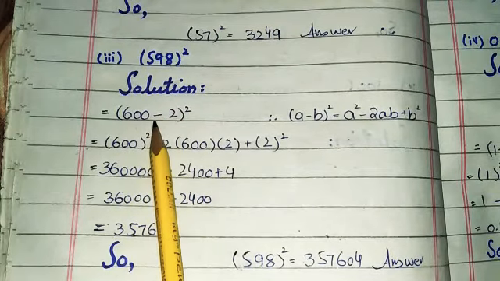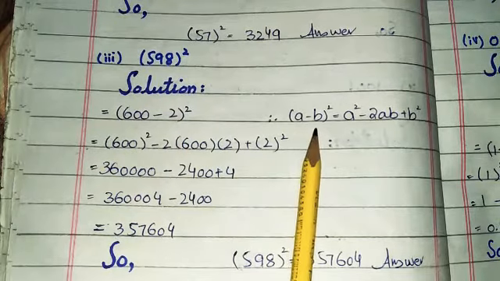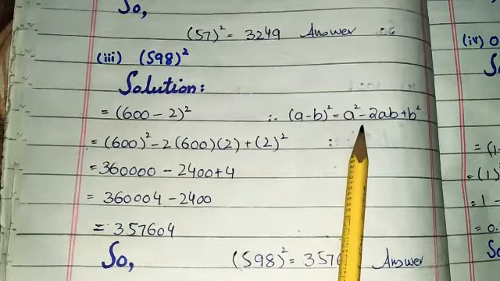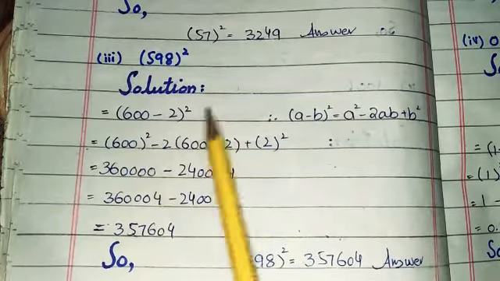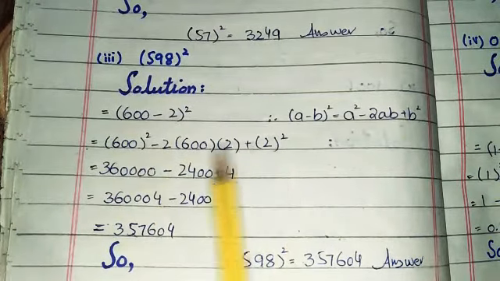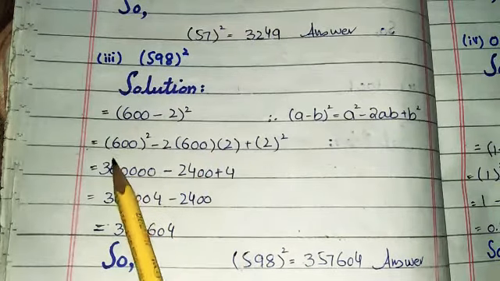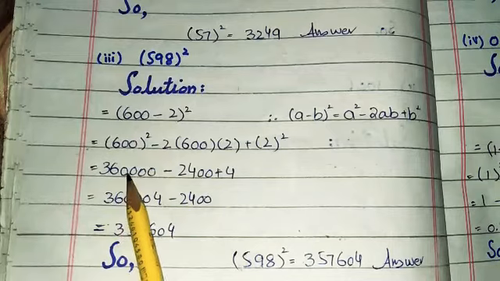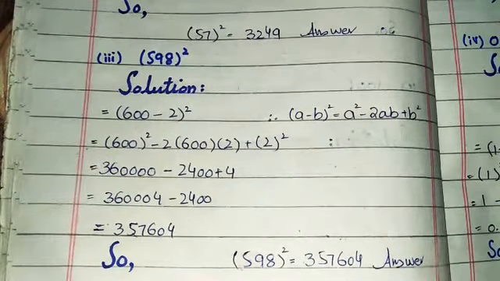There are two numbers having a negative sign and a square. Then we will use the formula (a minus b) whole square is equal to a square minus 2ab plus b square. Square of the first number 600 square, square of the second number 2 square, then minus 2 of the formula 600 into 2. 600 square is equal to 360,000. 2 square is equal to 4.